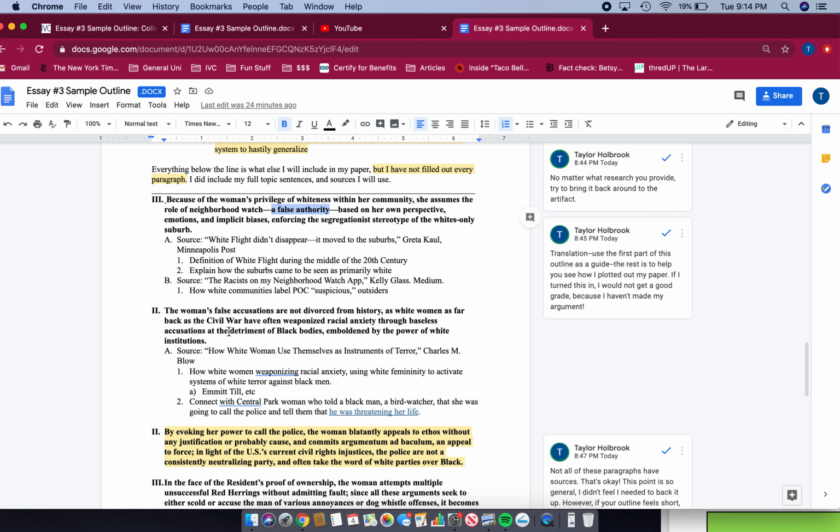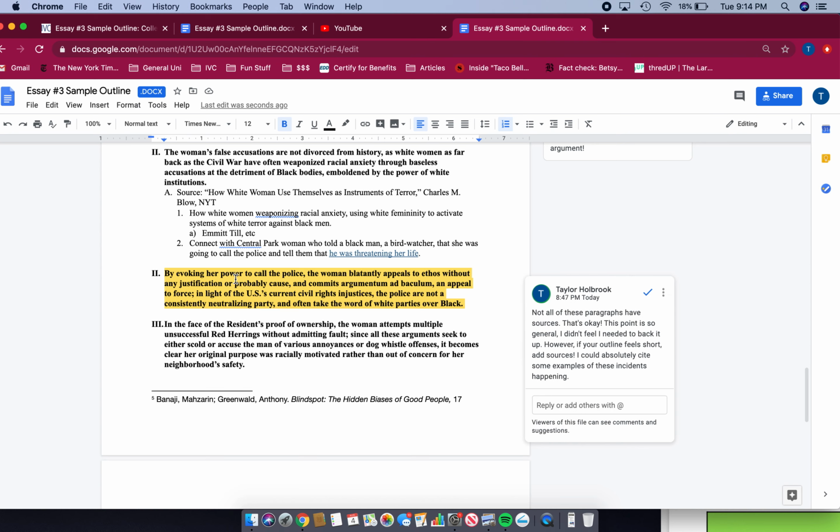But I realized it was going to be too long because I had this one article, from the New York Times, that was really helpful to contextualize that. Because it was going to be too long, I just split it into its own paragraph. So not every paragraph has to be a fallacy. If yours is getting really long, find a place to split it. You have some freedom with this outline.